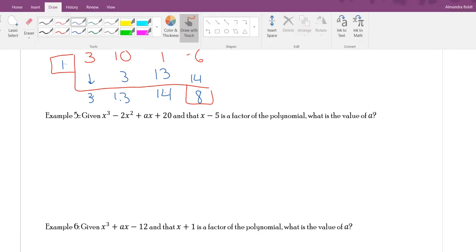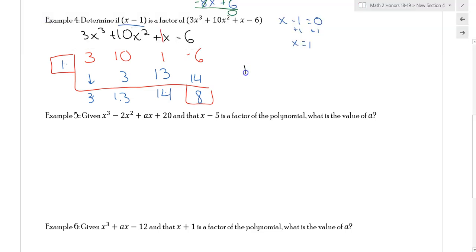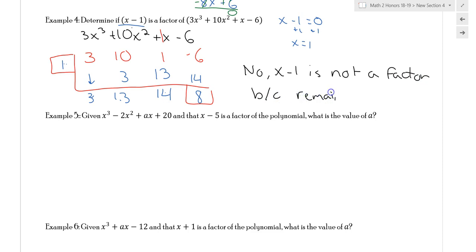So with this one, we're going to say x minus 1 is not a factor, because the remainder is 8. Not equal to 0. Right?